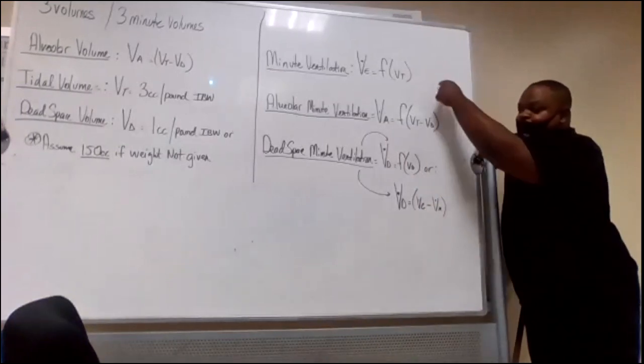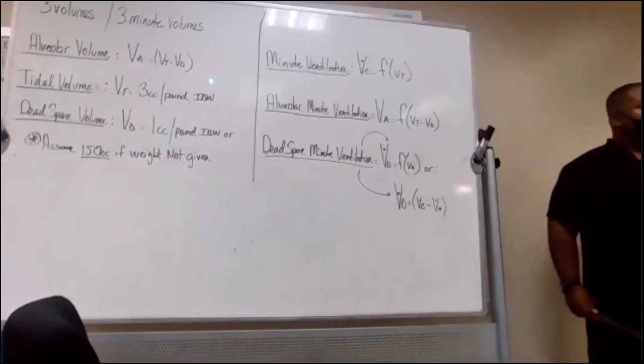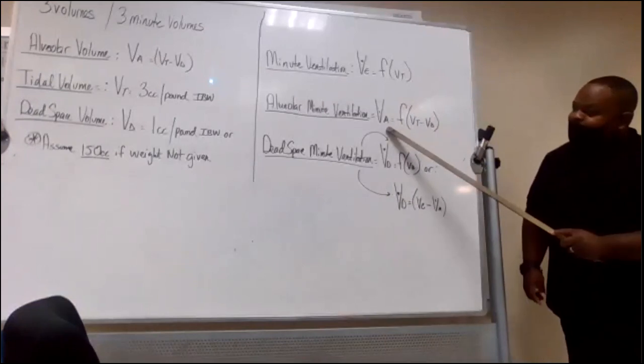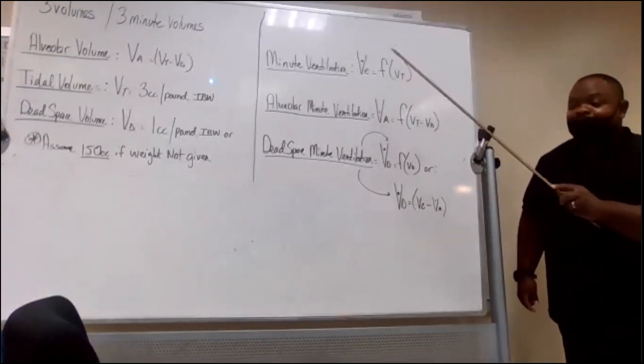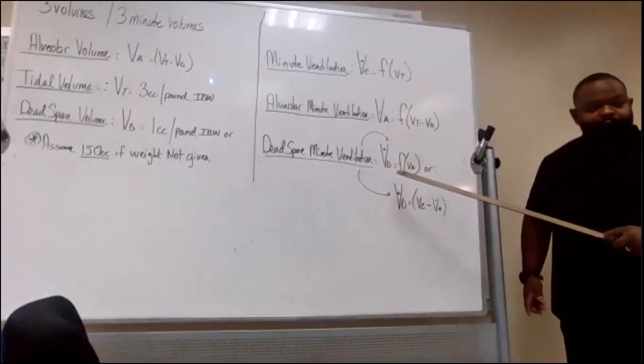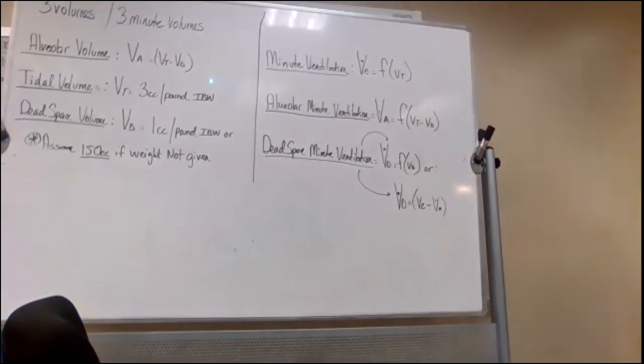So if you find these two, you can subtract this one from this one, and it'll give you this one. You can subtract alveolar minute ventilation from the total minute ventilation, and that will give you the dead space minute ventilation. Or you can just work it out like this. Either or. It's the exact same. You're just putting frequency in.